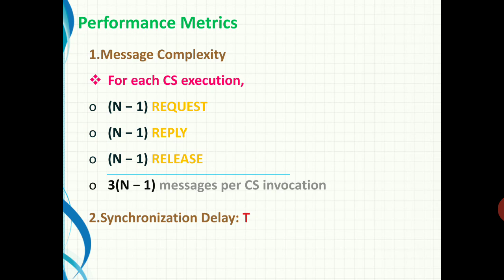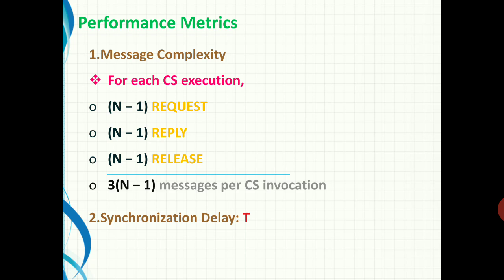Coming to the performance metrics of this mutual exclusion algorithm, the first one is message complexity. Message complexity deals with the number of messages per critical section.